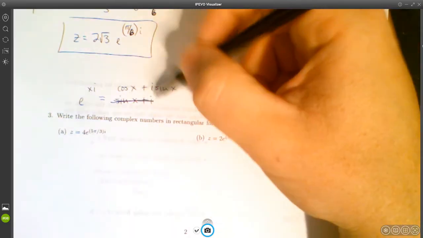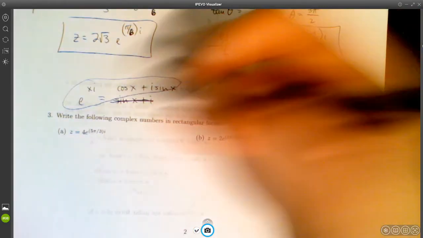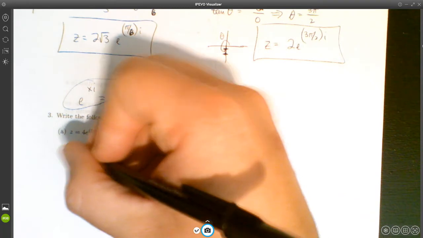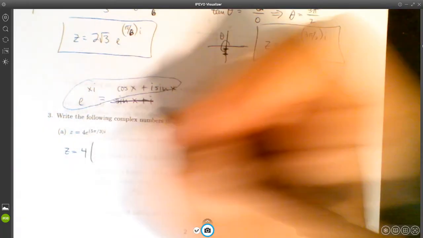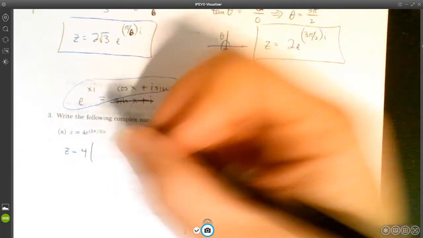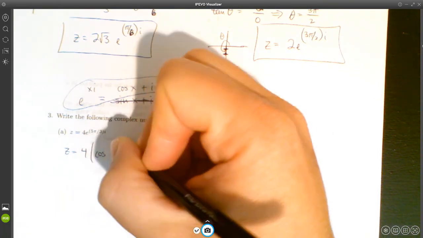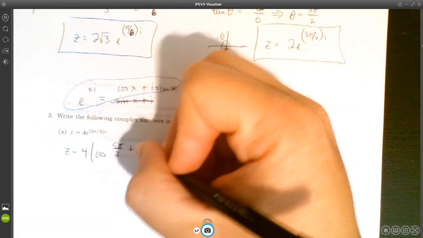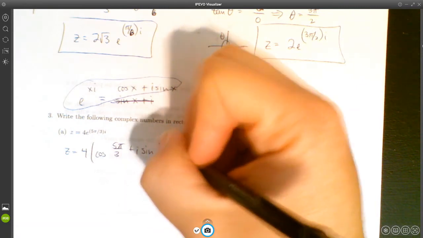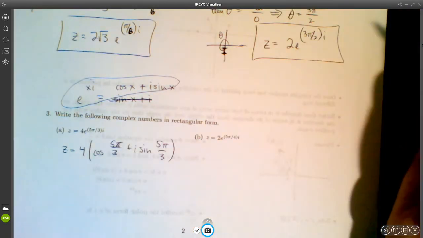If you remember this relationship, then going backwards is easy, right? So we would say z equals 4 times e to the 5 pi over 3 i would be cosine 5 pi over 3 plus i sine 5 pi over 3. Okay?